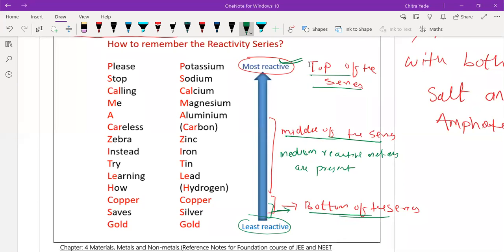Yes, sir. Okay, so in the reactivity series, suppose I am taking the example of copper sulfate, CuSO4. Sir, there was a network issue. Can you explain what you're saying? I am saying that we already discussed the reactivity series, now it is about displacement reaction.